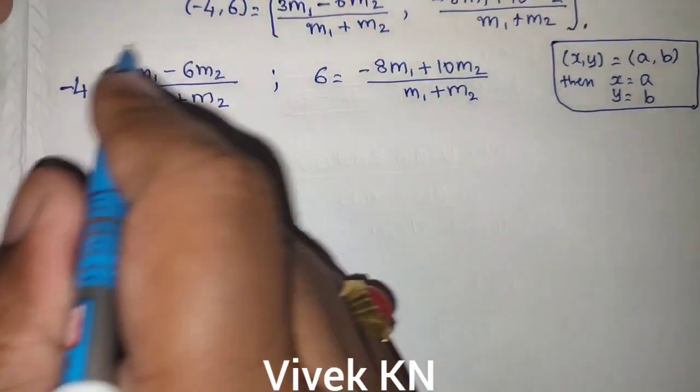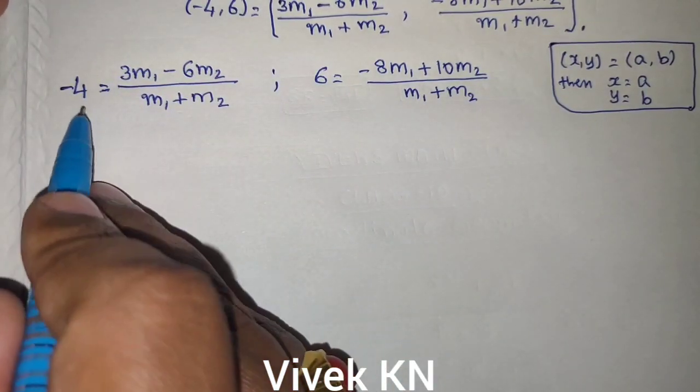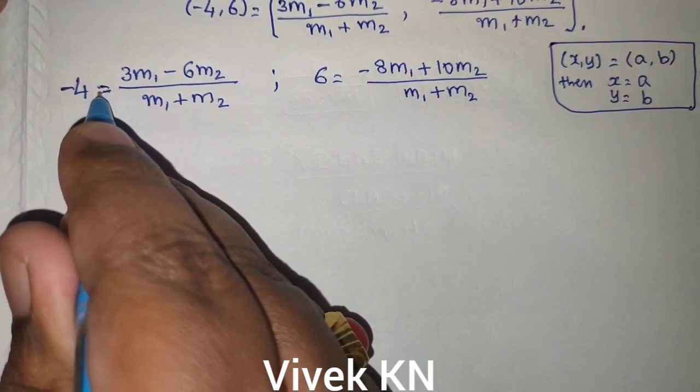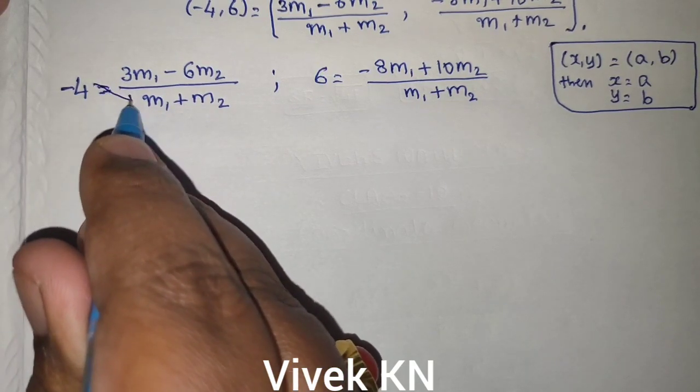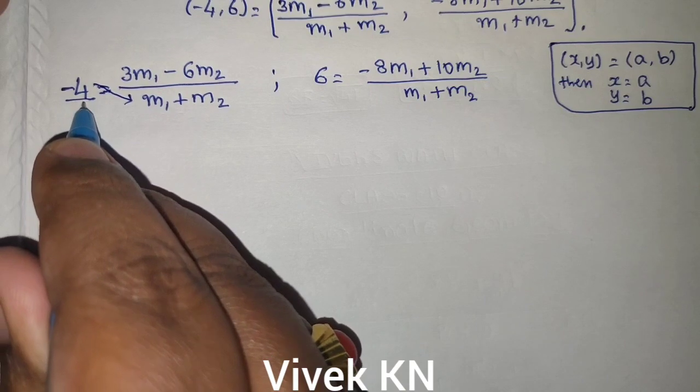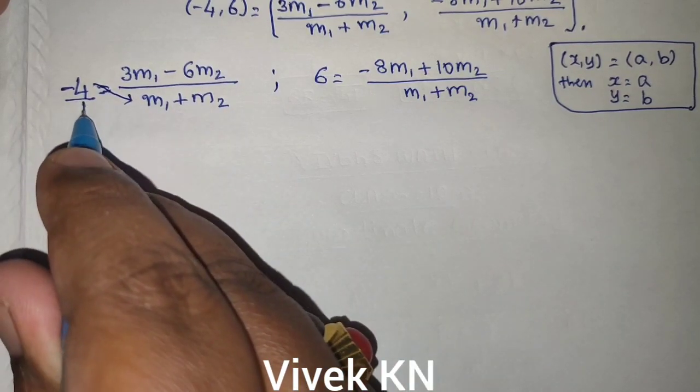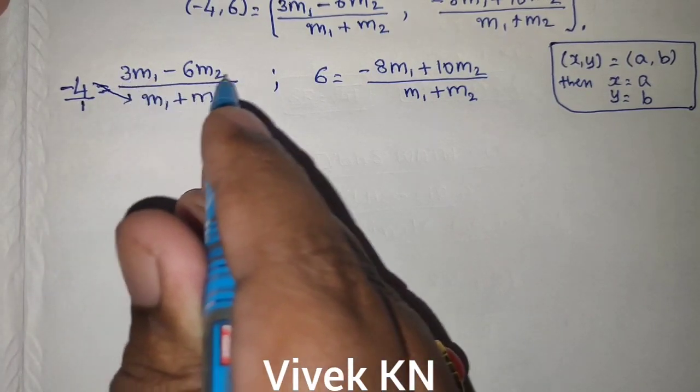Now let us solve this one. Here we have to do cross multiplication. That is, -4 will be multiplied with this number and this 1 will be multiplied by this number.